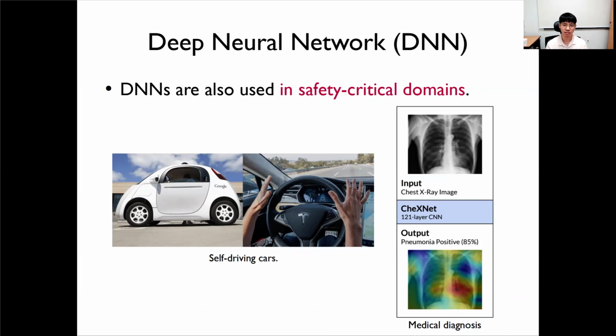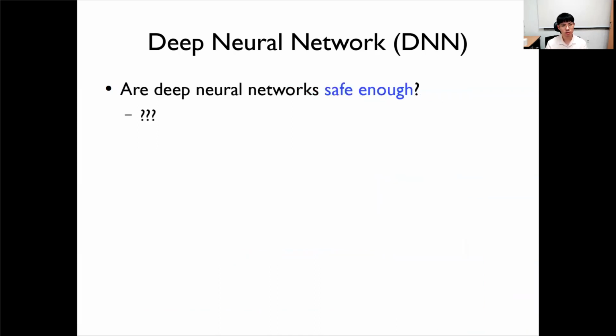Likewise, in medical diagnosis, the incorrect behavior of a DNN can cause misdiagnosis of our body, which can lead to fatal results. So we need to thoroughly check whether the deep neural network is safe enough for us to use in diverse applications, in particular safety critical applications. What do you think about the safety and reliability of DNNs?